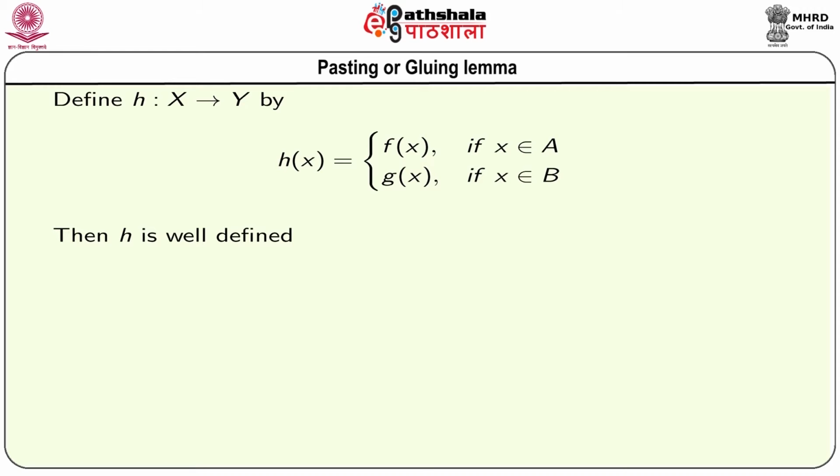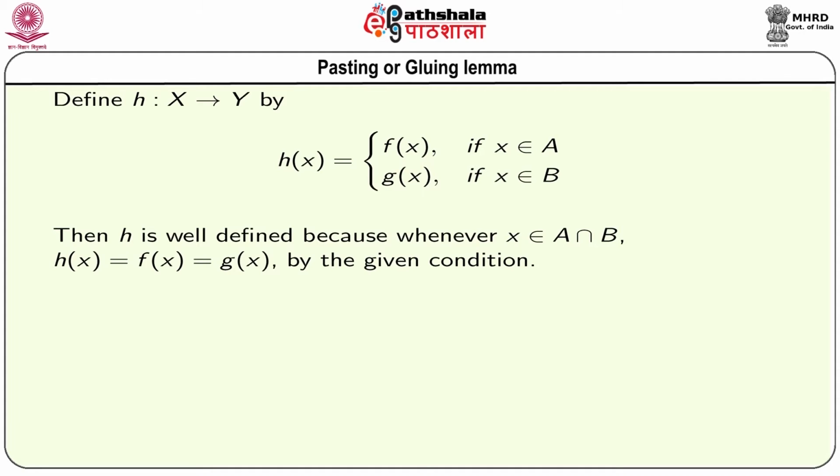Then certainly h is well defined, because whenever the point x is taken from A intersection B, h x is equal to f x as well as g x, but that is true by the given condition. Also, h restricted to A is equal to f and h restricted to B is equal to g.